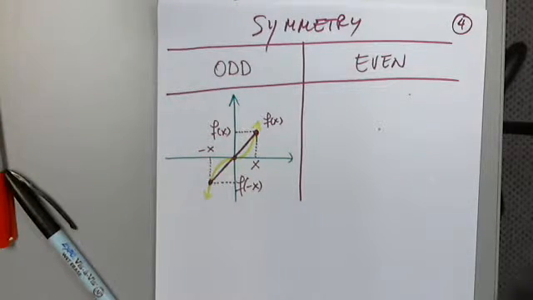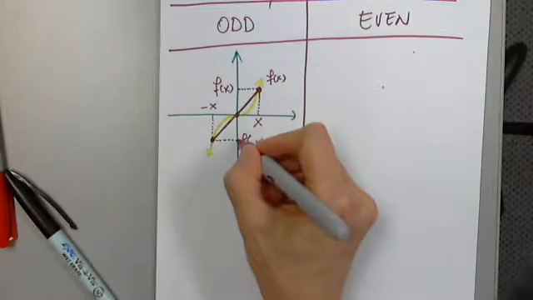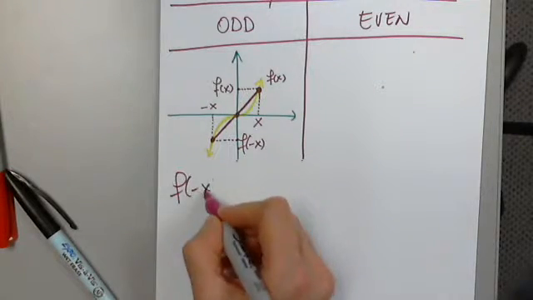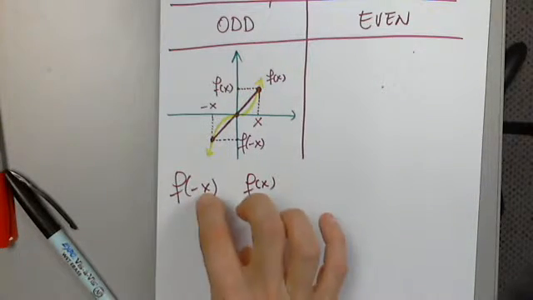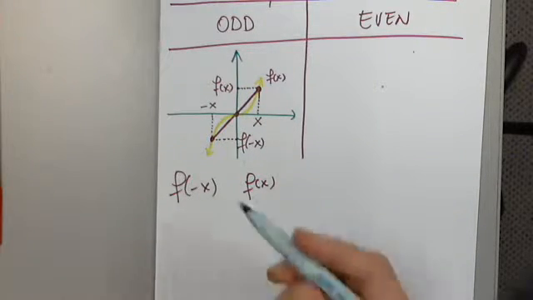Awesome. Thank you. So now I would like you to tell me what is the relationship between this value and this value. In other words, what is the relationship between f of negative x and f of x? And we used the word a second ago. We already said that it's opposite. So we can't come up with another name. It's opposite. So what would be the relationship between f of negative x and f of x? So I will write what?